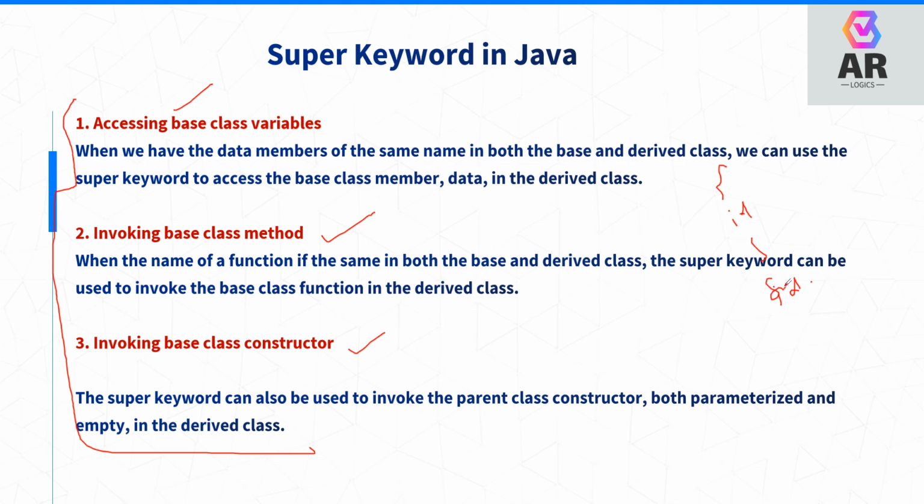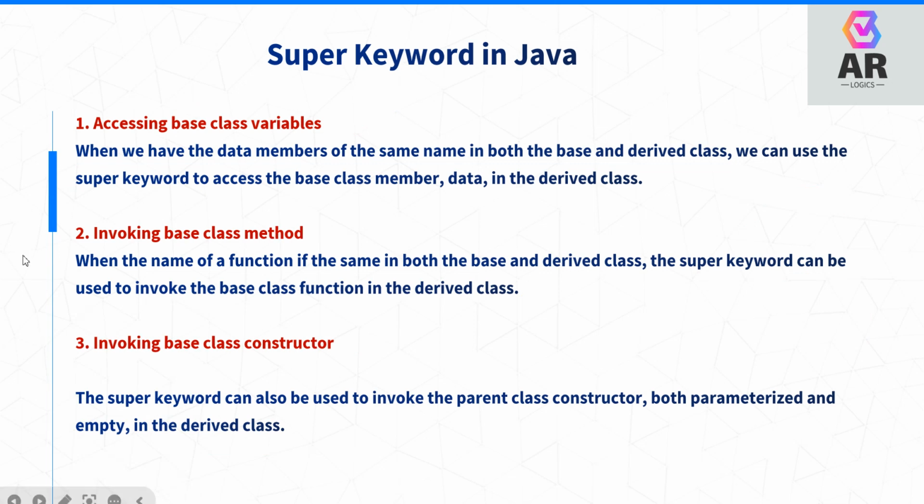Invoke base class methods: when the same function exists in both base and derived class, using the super keyword you can invoke the base class function from the derived class. The super keyword can also invoke the parent class constructor, both parameterized and empty, from the derived class.